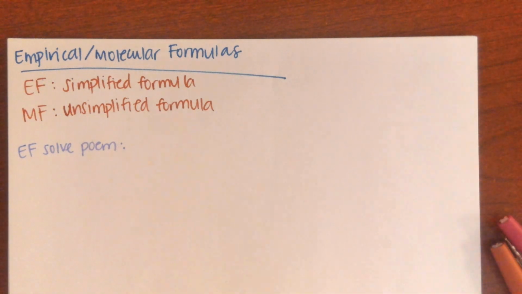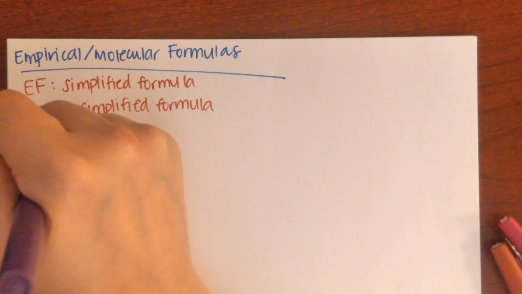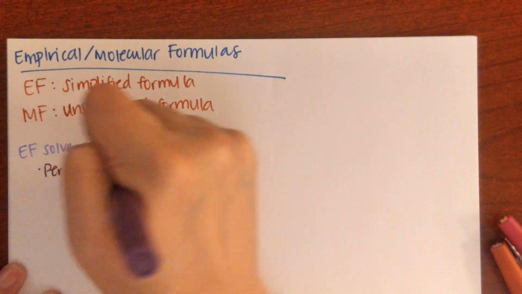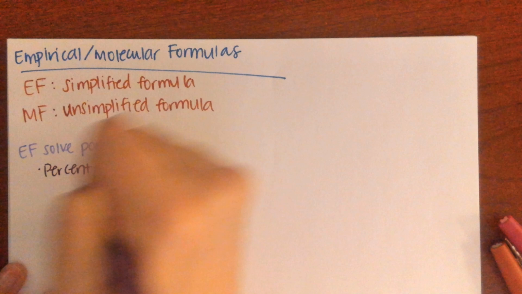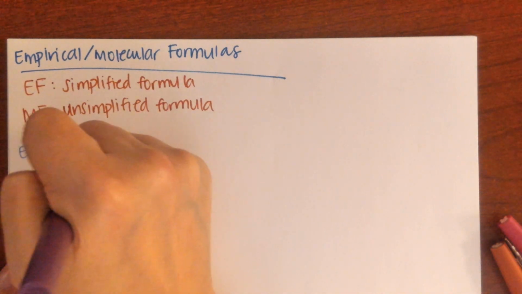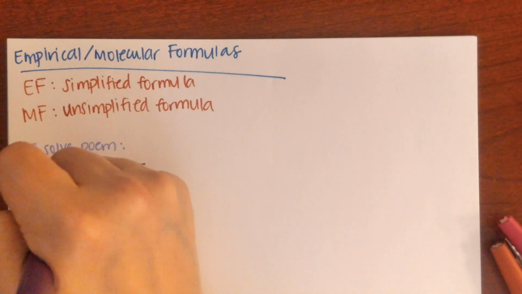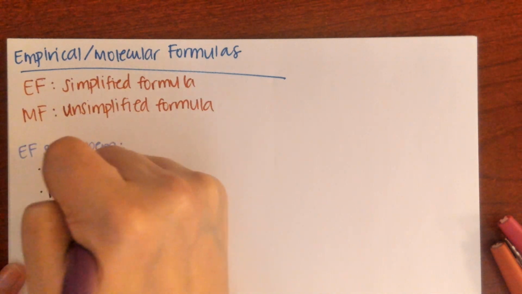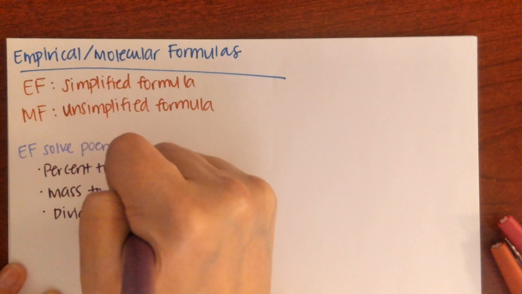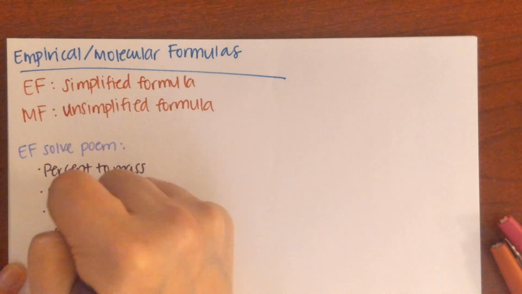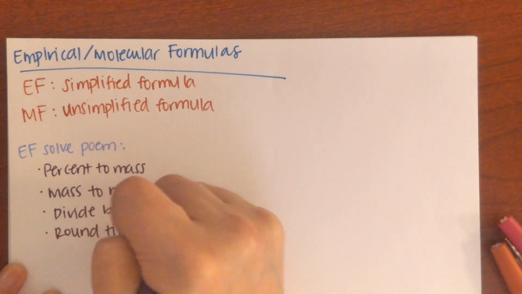So the poem is: percent to mass, mass to mole, divide by small, round to whole.